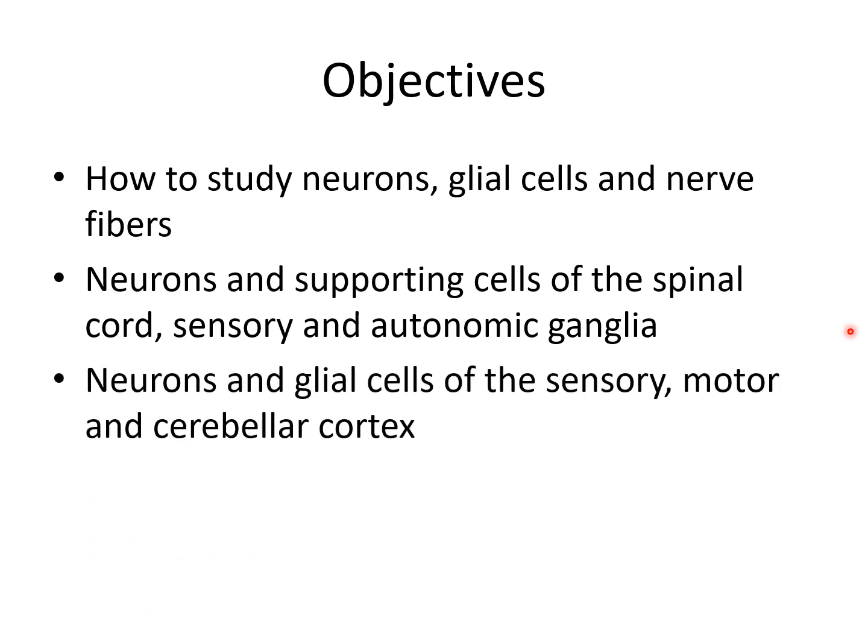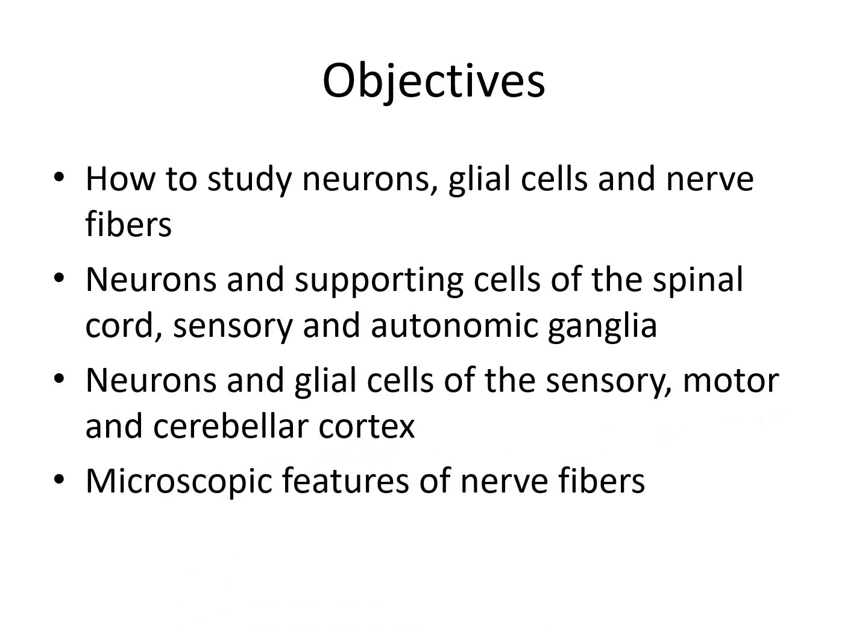And we should study the neurons and glial cells of the sensory cortex, motor cortex and the cerebellar cortex. We will also study the microscopic features of the nerve fibers. Basically, we are going to study the neurons, the supporting cells, and the nerve fibers of the nervous system.